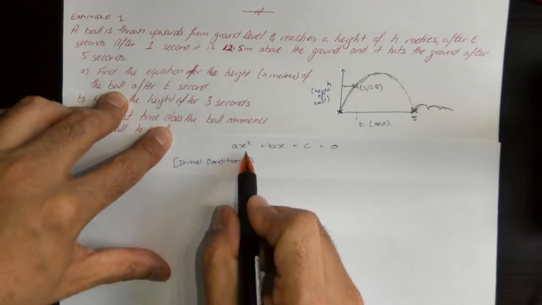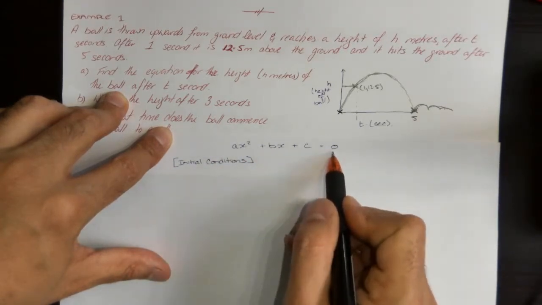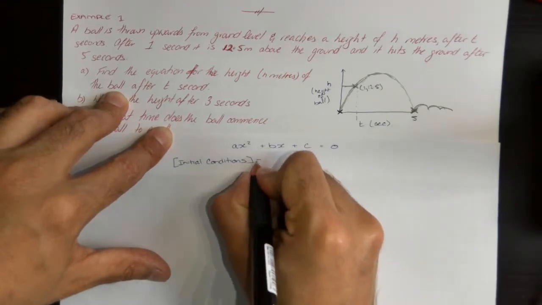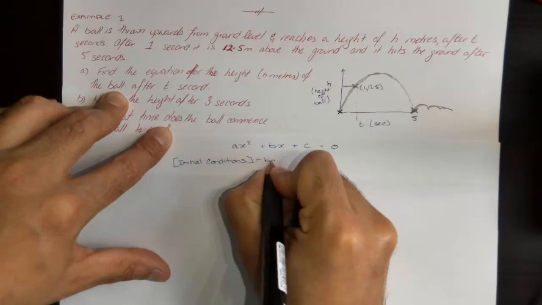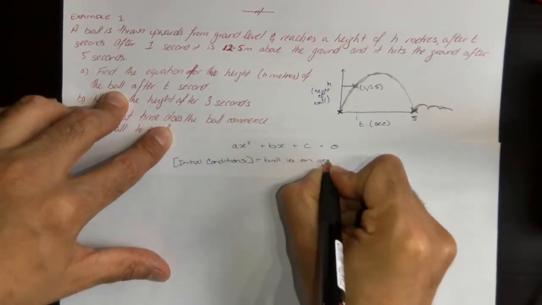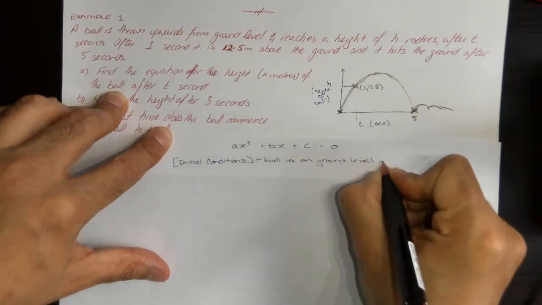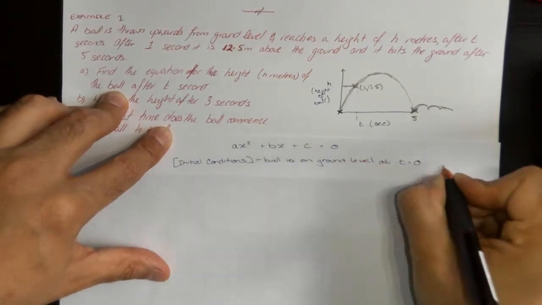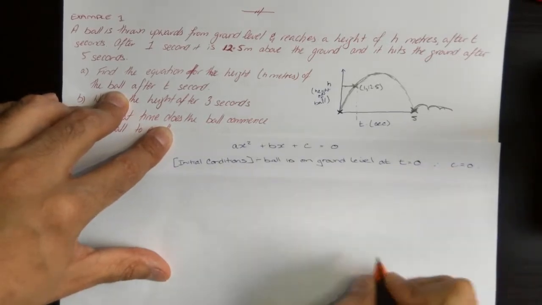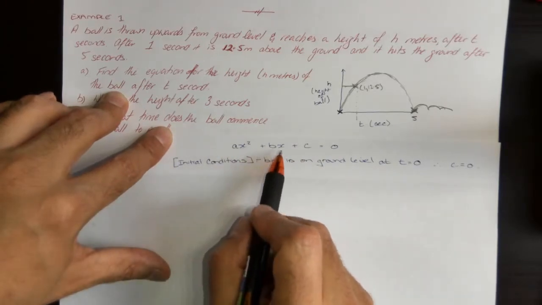So if I plugged in x equals 0, that would be 0, 0, and c equals 0. So the ball is on ground level at t equals 0, so therefore c equals 0. Okay, so really now all I'm going to do is I'm working with ax squared plus bx.